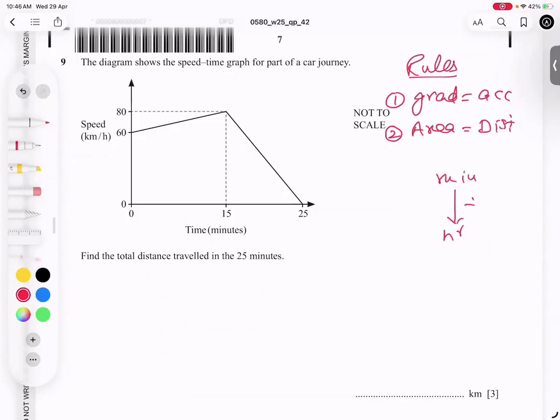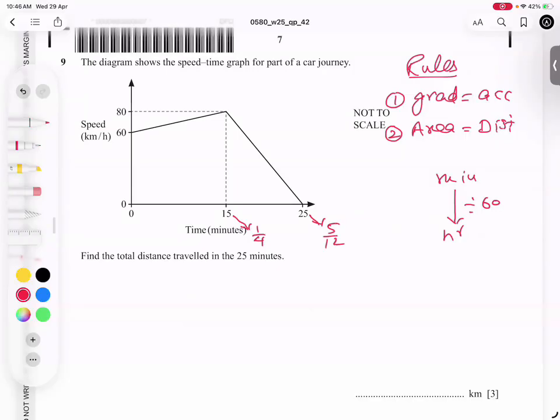Whenever converting, divide by 60. So every value along the x-axis, I divide by 60. For example, this 15 over 60, if I convert it, what will I get? So 15 divided by 60 gives 1/4. And 25 divided by 60 gives 5 over 12.